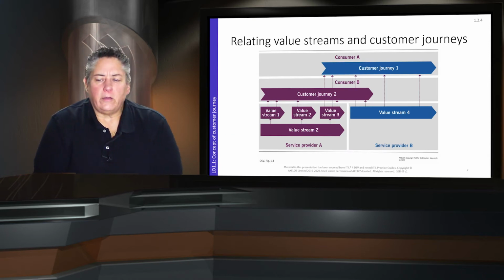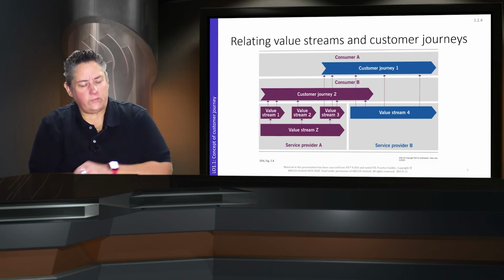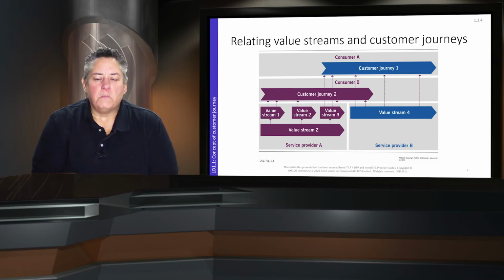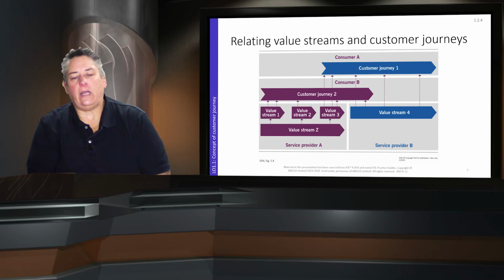This is another diagram from the opening chapter of the DSV book. What it's doing is stating that there are multiple value streams that a customer will engage. It's rarely a one-to-one relationship, and it's rarely just one provider per customer.